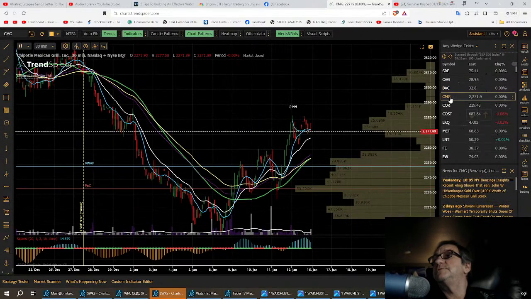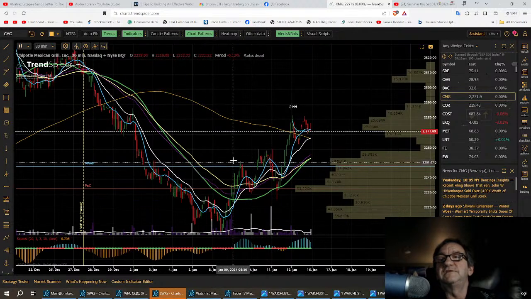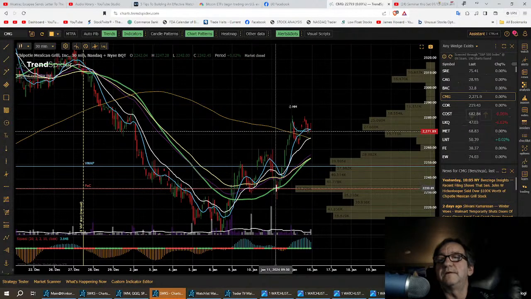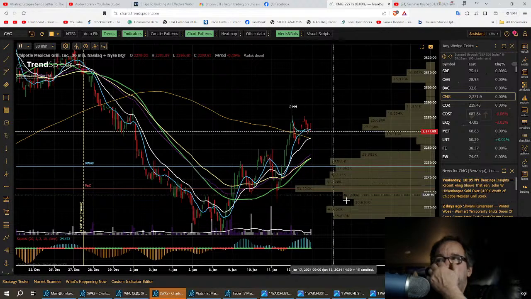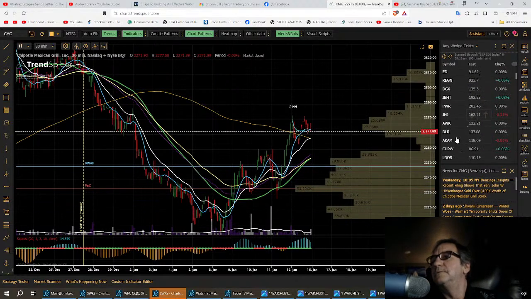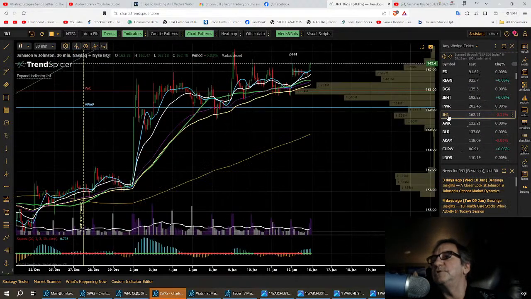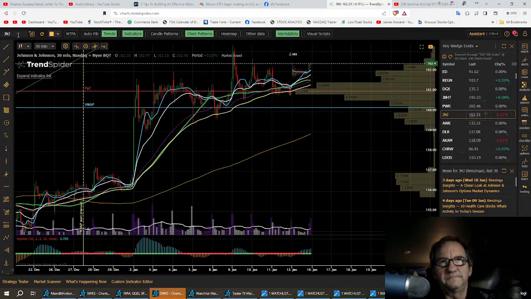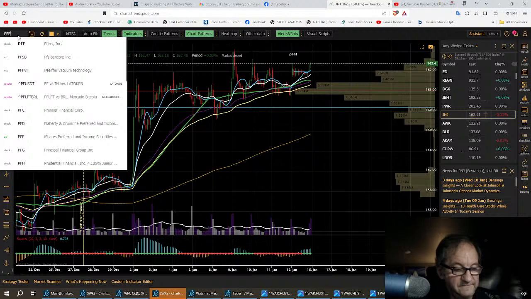Let me see, CMG, snake, breakout, pulled back, boom. We had a double bottom right here off the shoulder line. That would have been a good one to take. Johnson & Johnson. They were pumping Pfizer on CNBC, and it's in my healthcare sector one, PFE.